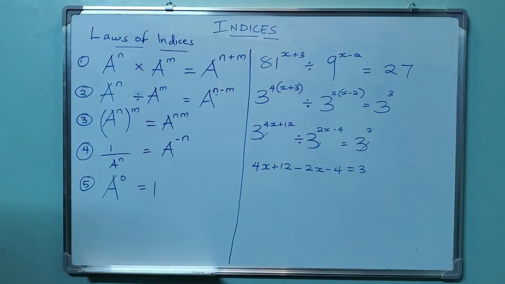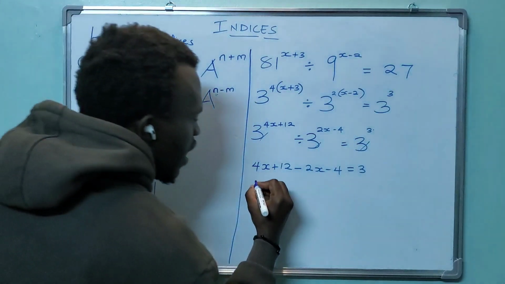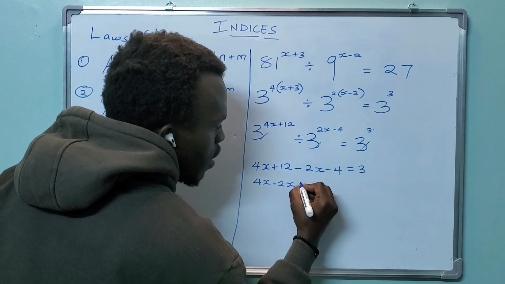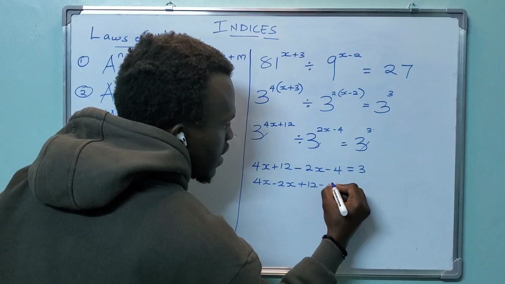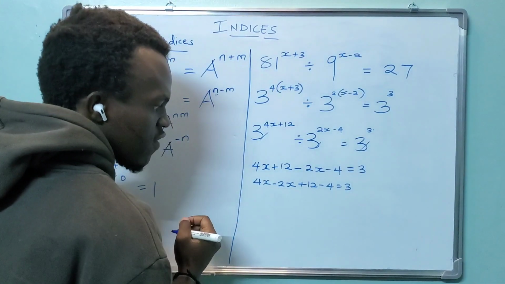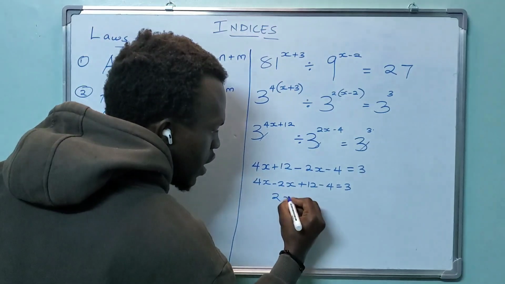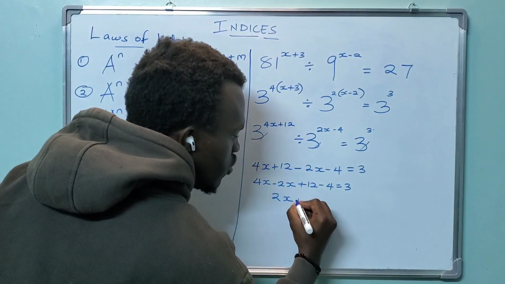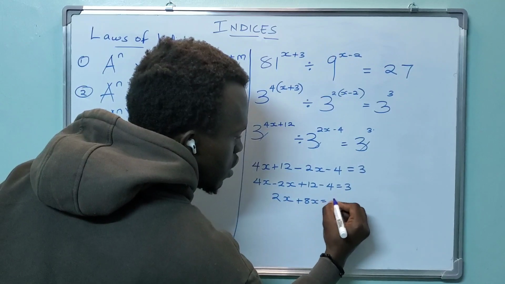Which means I'm going to collect the like terms there. I'll have here 4x minus 2x plus 12 minus 4 equals 3. 4x minus 2x, that is going to be 2x. 12 minus 4, that is going to be positive 8, so 2x plus 8 being equal to 3.